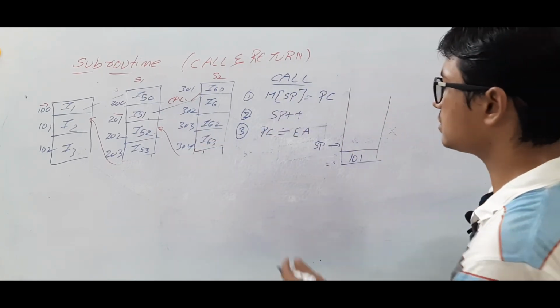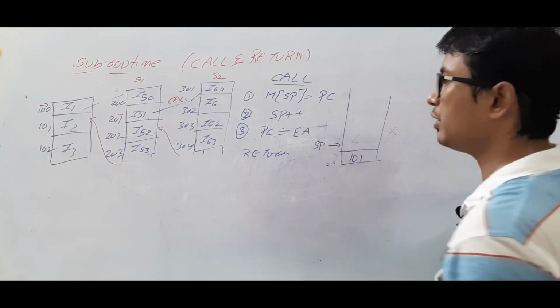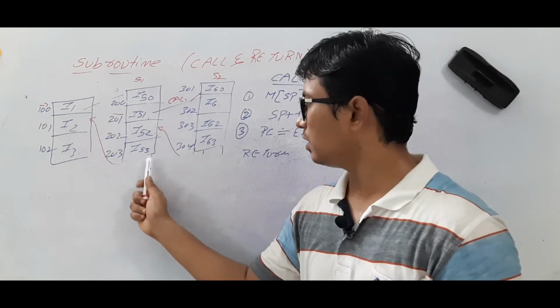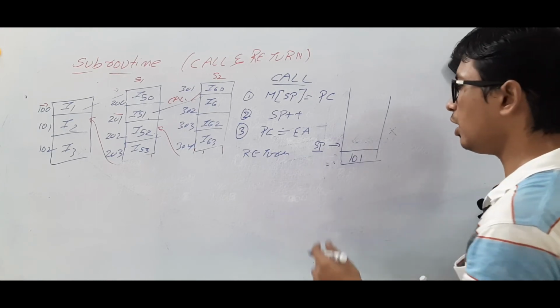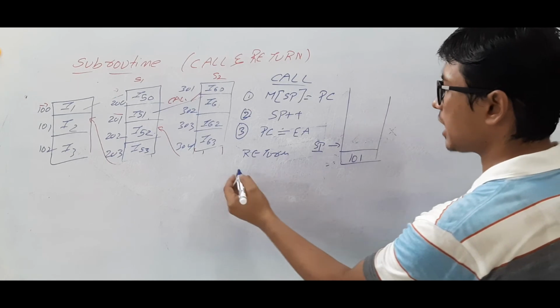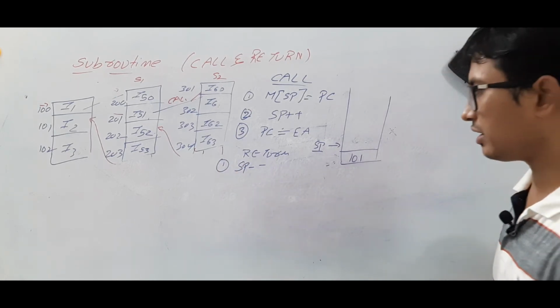Now we will discuss what happens when the return occurs. When you are coming back, what things should happen? First, the stack pointer is pointing to here. How will you get the 101? If you decrement the stack pointer. So first you have to decrement the stack pointer value.